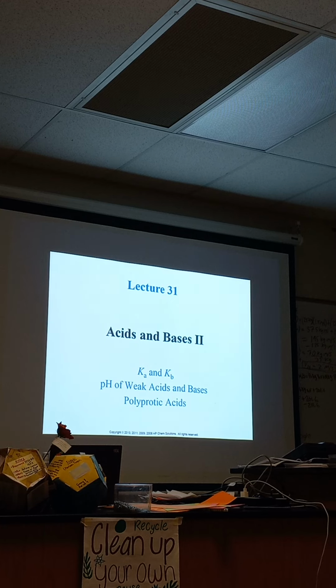The weak and strong definition is kind of an unfortunate classification because in effective personal terms, many of them are still very strong. But when it comes to chemistry, they don't go 100%, so they're not considered strong. So what constitutes an acid or a base as weak or strong?